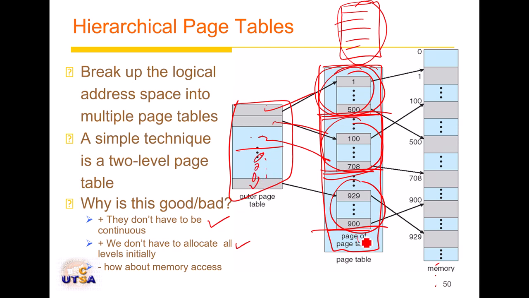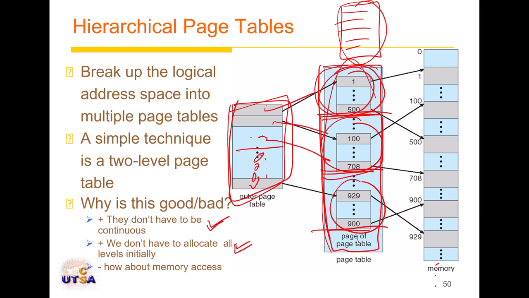So in the second level, I don't need to allocate all the pages. I can allocate just the required number of pages to make sure that little program can run. And when you get larger programs, of course, you will use all of these things plus that outer page. Okay, so all these are good things about hierarchical paging.